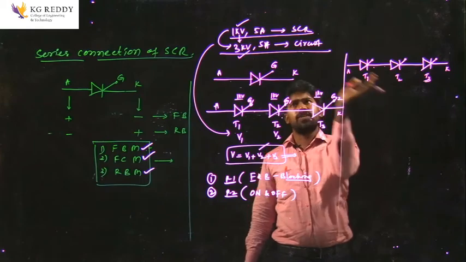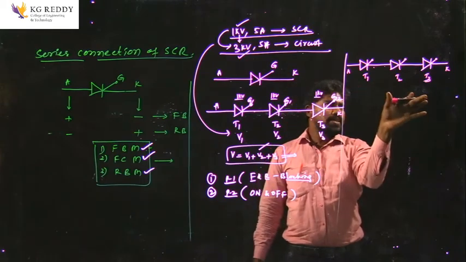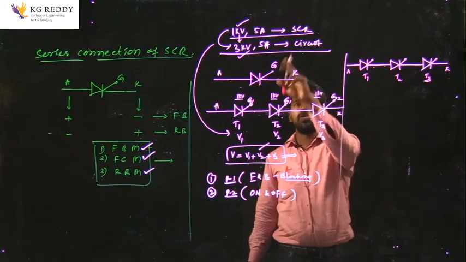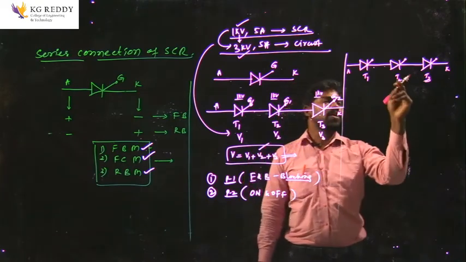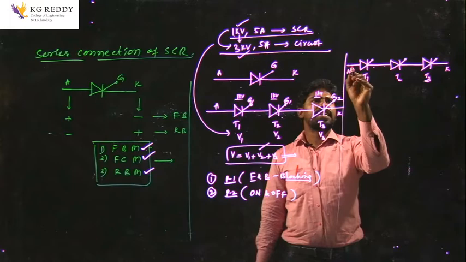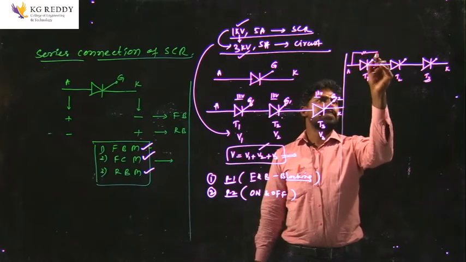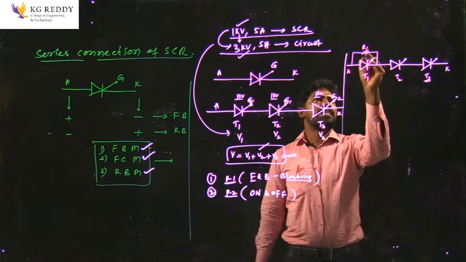Even with the SCR voltage matching the circuit voltage, we face these two problems. I am going to overcome this problem by connecting an equalizing resistor across each SCR.